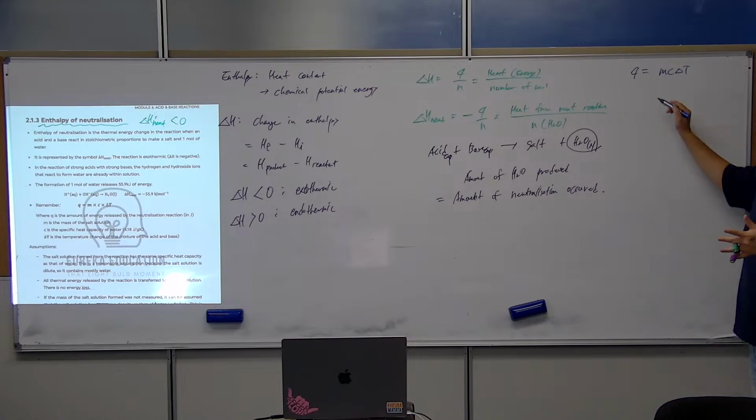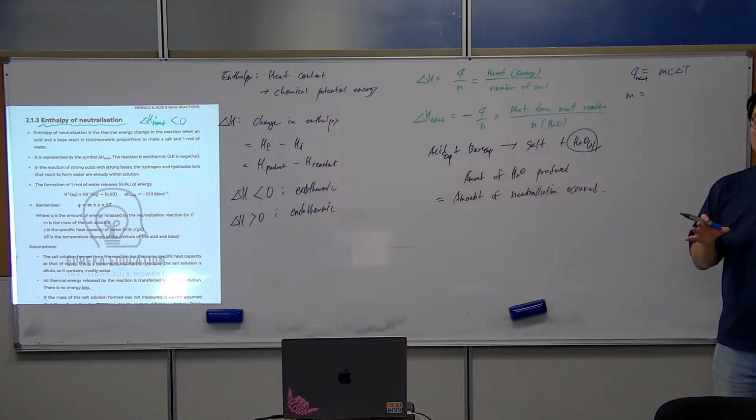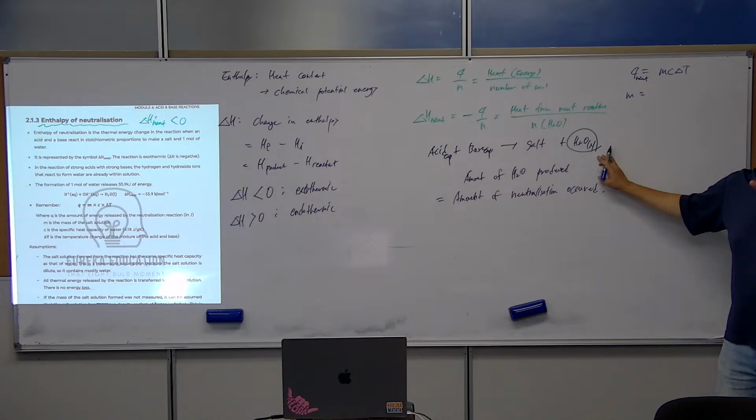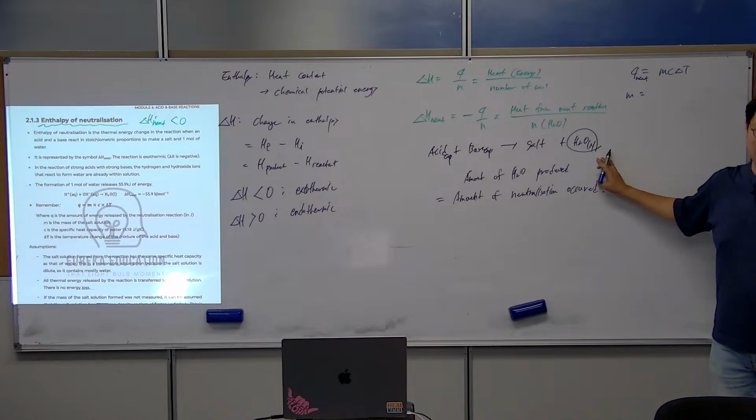Now, let's talk about Q in the neutralizations. M is not the mass of the water anymore because we're mixing up the acid and base, which means you're making something like salt water. Guys, salt water is very different to water. It won't have the same density as water. It will be kind of heavier or lighter.